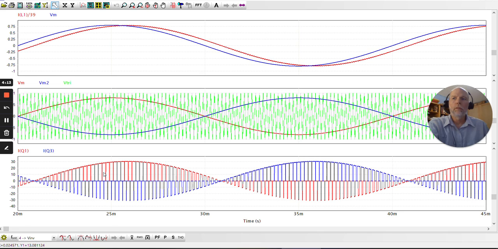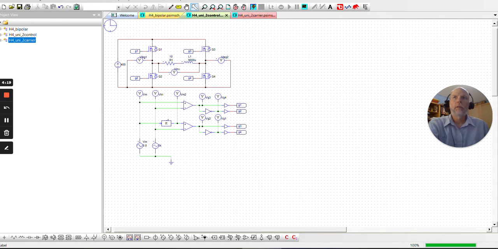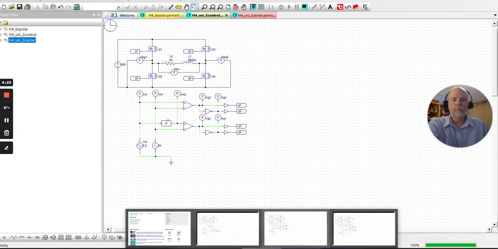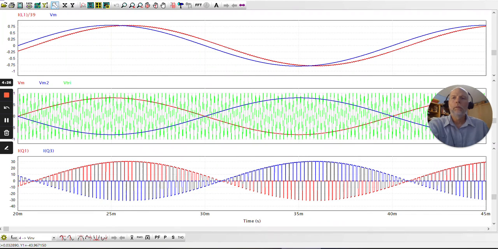This time they're shown in Q1 and Q3 in the 2 different legs here. So these are the 2 high side switches. Okay, and this is unipolar.